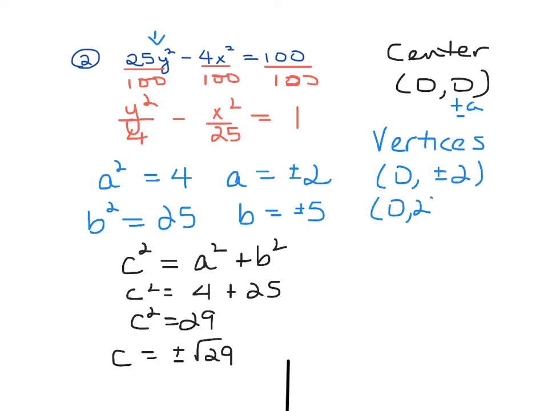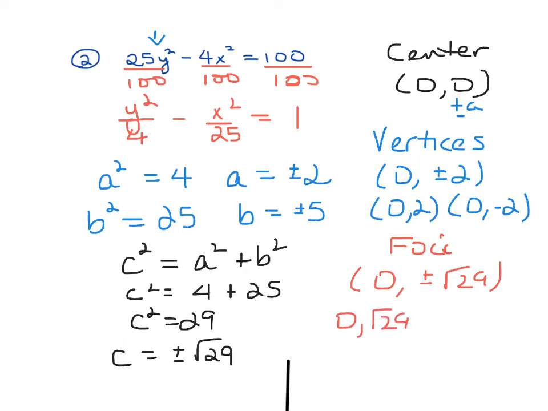So 0, comma 2, 0, comma, -2. Focus points, or foci, we're going to take the c and add it to that center. So this will become 0, comma, plus and minus root 29. If I break them apart, one gets positive root 29, one gets negative root 29.